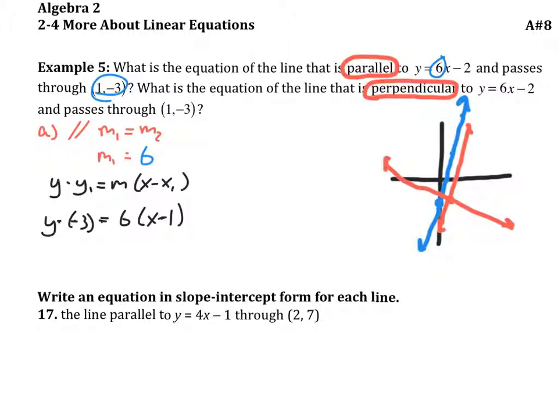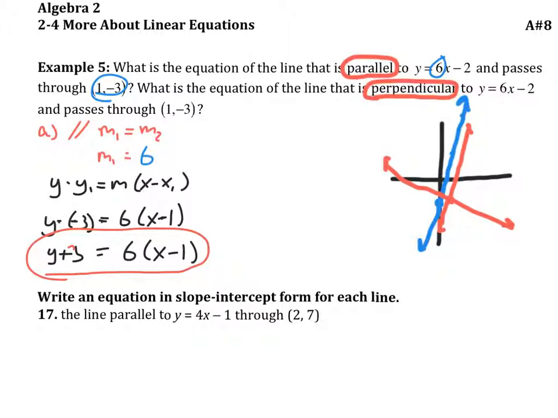Now I simplify where I can, and I end up getting y plus 3 equals 6 times x minus 1. This is sufficient because it doesn't say what form to leave this in, so make sure that's a 3, and I'm going to circle this and say that's my result.